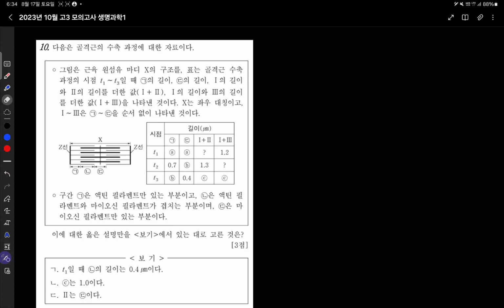So from the table, some of the length of the first part and third part is given, and then some of the parts are also given. So we want to find the value of unknown length A, B, and C.